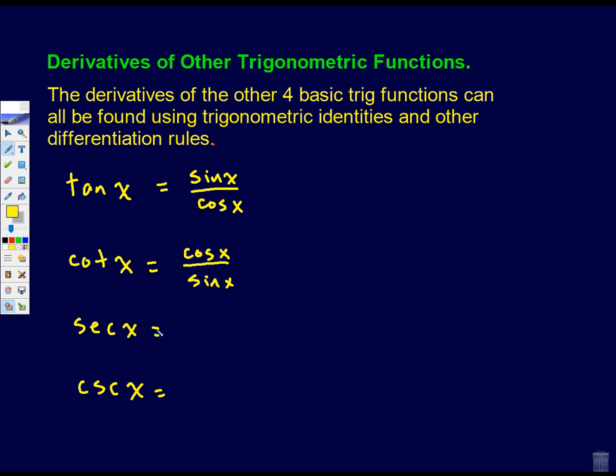But we can also do that with secant x, because another way to write secant x is it's the reciprocal, or 1 over, the cosine function, and the cosecant x is also 1 over, or the reciprocal of the sine of x. So now that I've got these written this way, I can actually find the derivatives of the 4 functions on the left using the quotient rule applied to the expressions on the right.